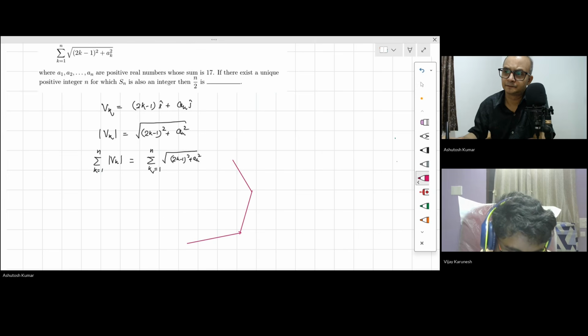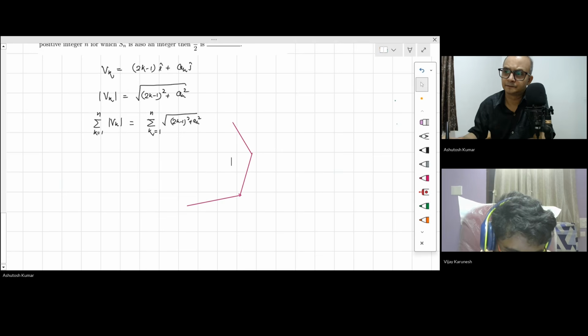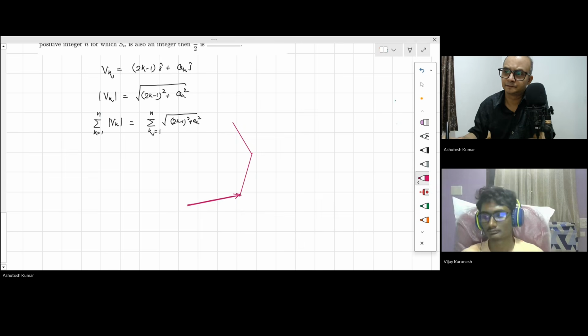This sum is what? If you take this vector, the magnitude of vector is this length, correct? Yes, sir. Again, magnitude of this vector is this length, and magnitude of this vector is this length. So you added all this sum. But basically, what you added, try to think.